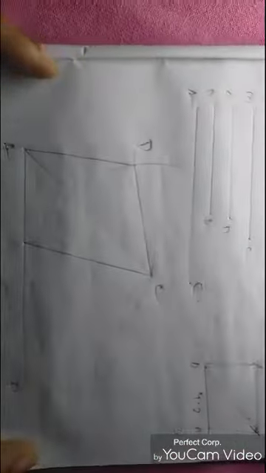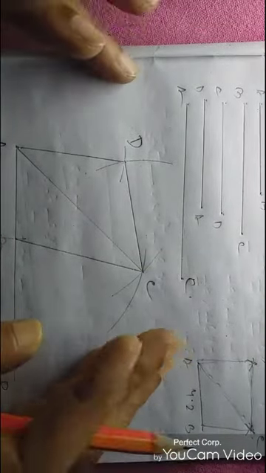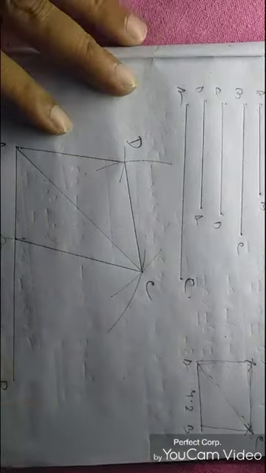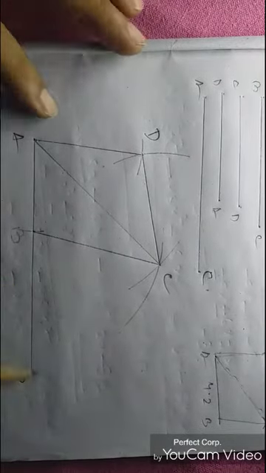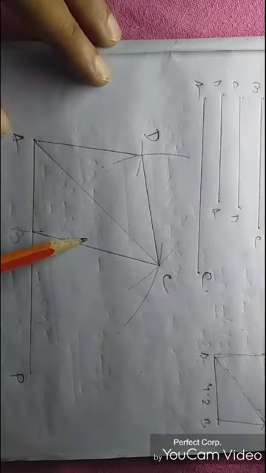So in this way you can draw any quadrilateral with the help of the given dimensions. Once again I am telling you very briefly. There are 4 sides of the quadrilateral given and 1 diagonal.